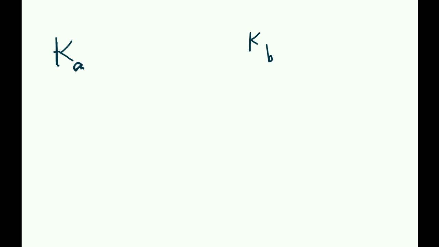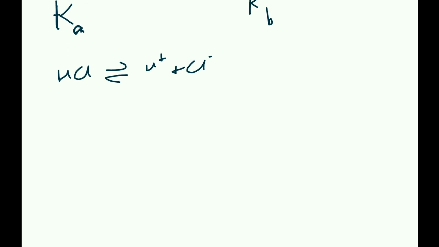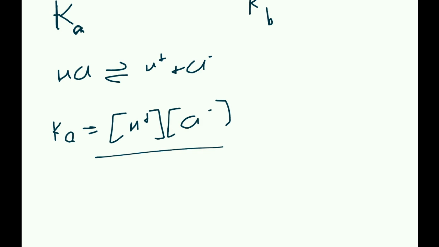Alright, so when I say Ka, for example, HCl dissociates and gives me H plus and Cl negative. My Ka, my dissociation constant for the acid, is going to be concentration of H plus into concentration of Cl negative divided by concentration of HCl.